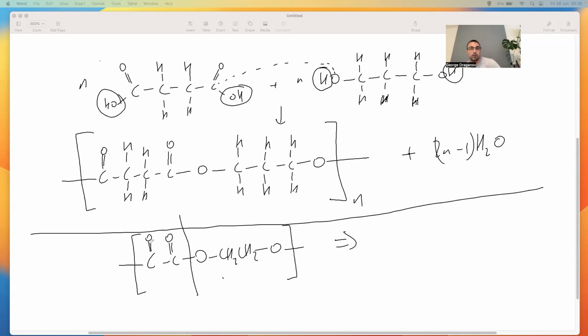So the one with the double bond O was a carboxylic acid, so you must add an OH on both of them. So that will be the first monomer by adding an OH on both sides. Then this will be part of the alcohol, so you add an H on each of these oxygens. And voila, that's your answer. These are the 2 monomers used to form the polymer.